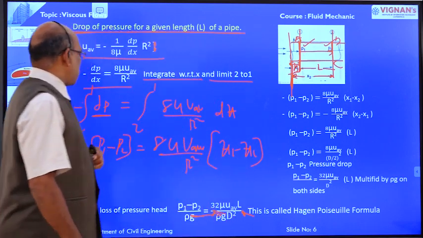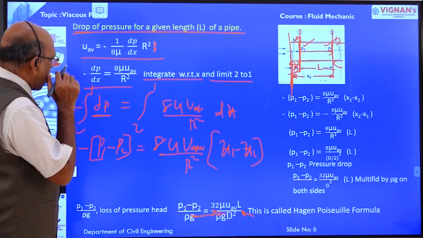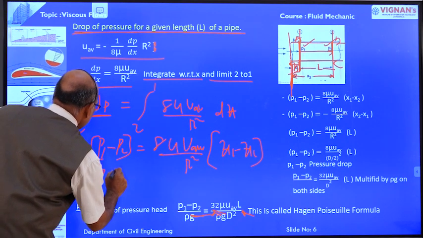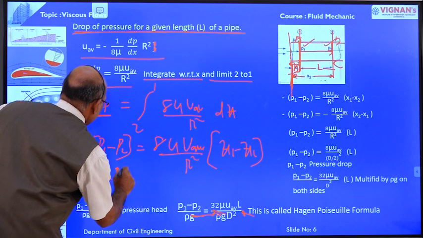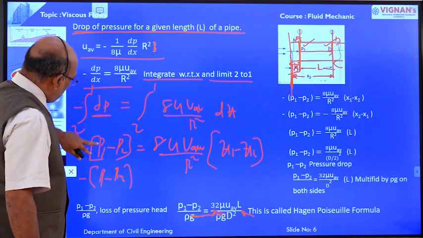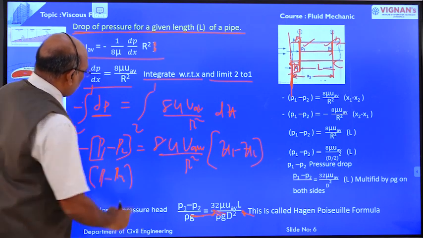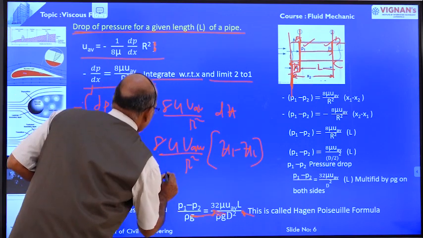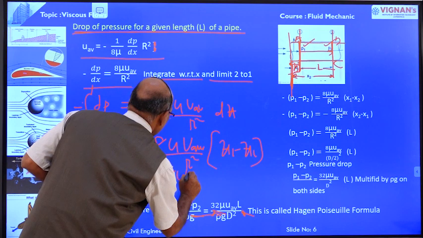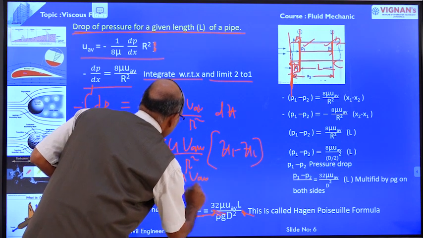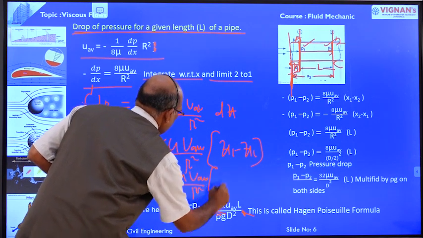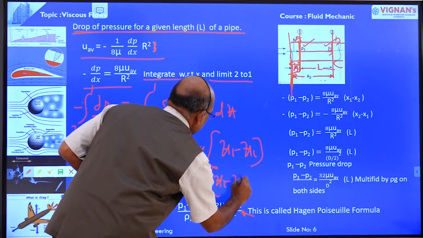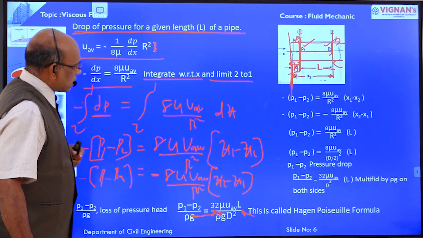This is the equation. Now, P1 minus P2, that means the pressure at section 1 minus the pressure at section 2, is equal to minus 8 mu average velocity divided by r square into x2 minus x1.